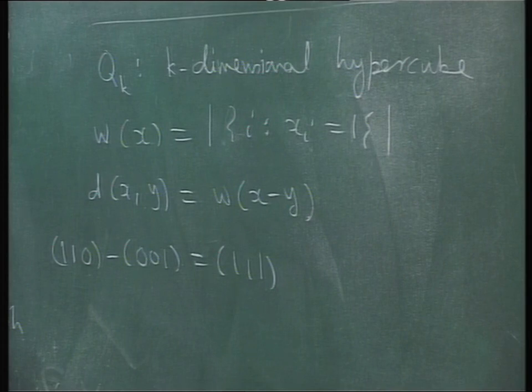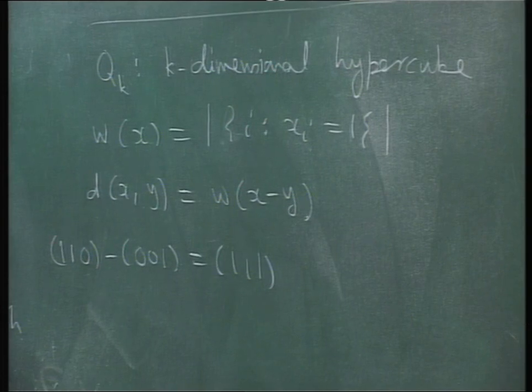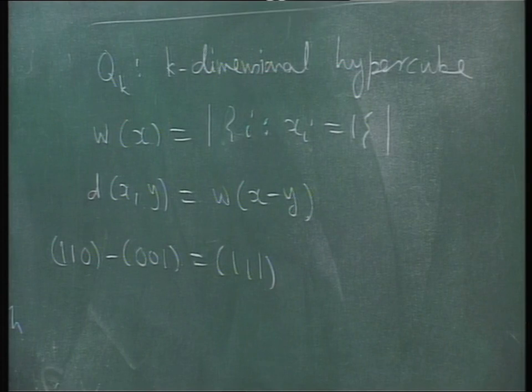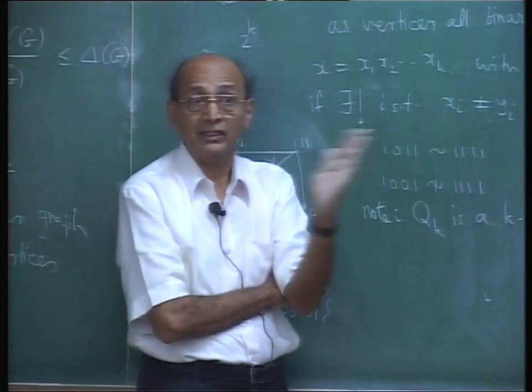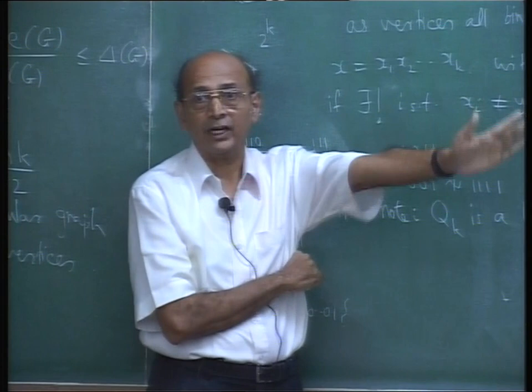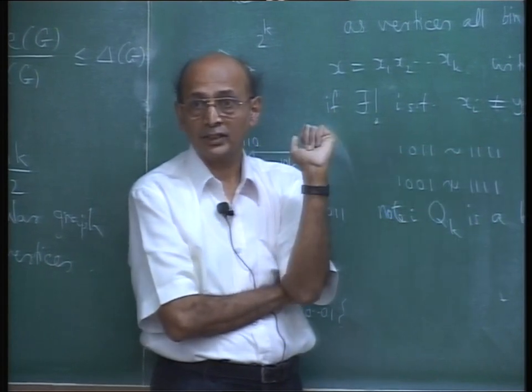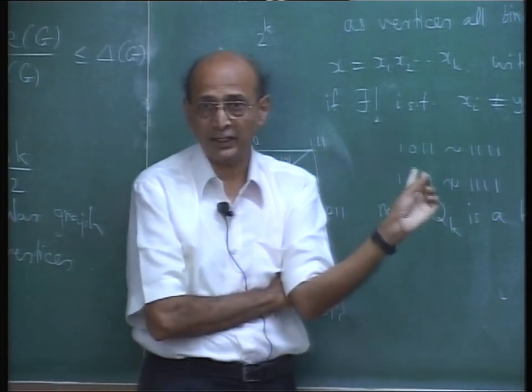Check this, because of the way we have defined this. Two vertices that have even weight cannot be adjacent to each other. Similarly, two vertices that have odd weight cannot be adjacent to each other. Therefore, we have a bipartition for this graph: vertices with even weight on one side and vertices with odd weight on the other side. So all Q_k are bipartite.